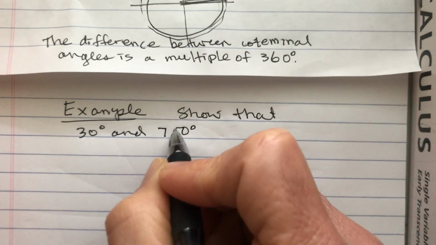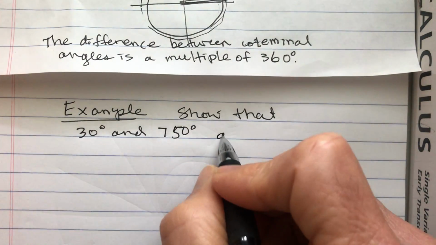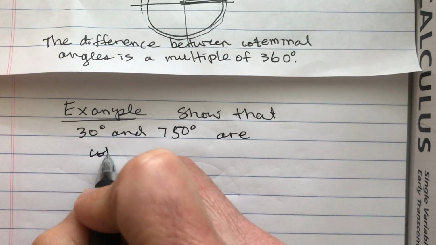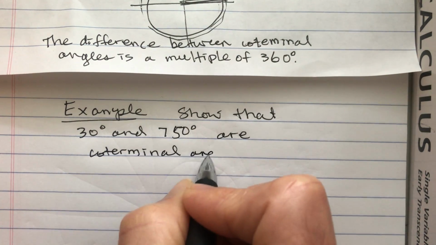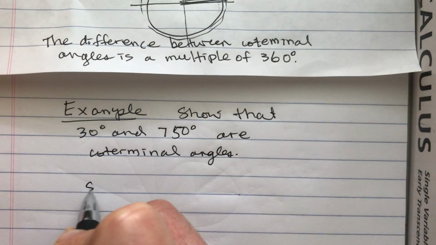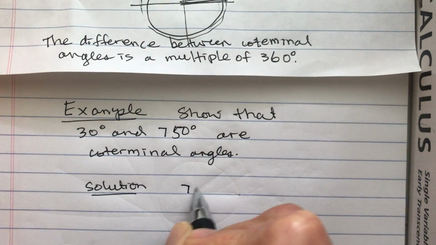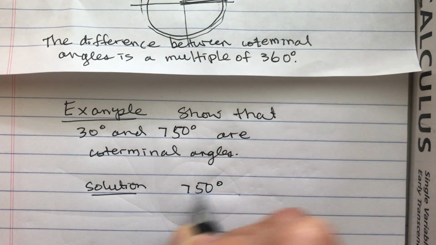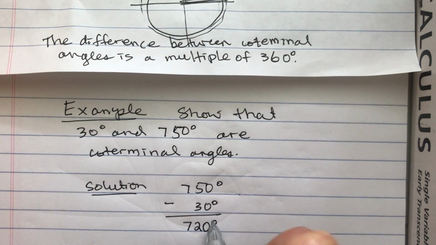All right, so we're going to look at this example where we show that 30 degrees and 750 degrees are coterminal angles. And so the solution is I take 750 degrees and I subtract 30 degrees and I get 720 degrees.